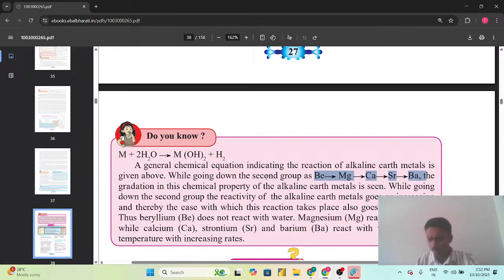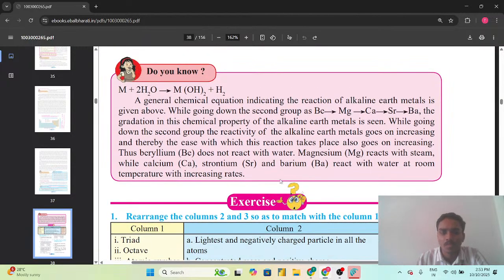When the metal M reacts with water, it forms the metal hydroxide, M(OH)2, releasing hydrogen gas. The behavior has been studied for beryllium, magnesium, calcium, strontium, and barium through experiments. It is observed that beryllium does not react with water, magnesium reacts with steam, and calcium, strontium and barium react with water at room temperature with increasing rates.